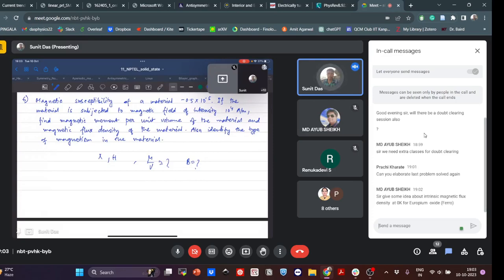Okay, I'll elaborate the last problem. The question is about intrinsic magnetic flux density at 0 Kelvin for europium oxide.